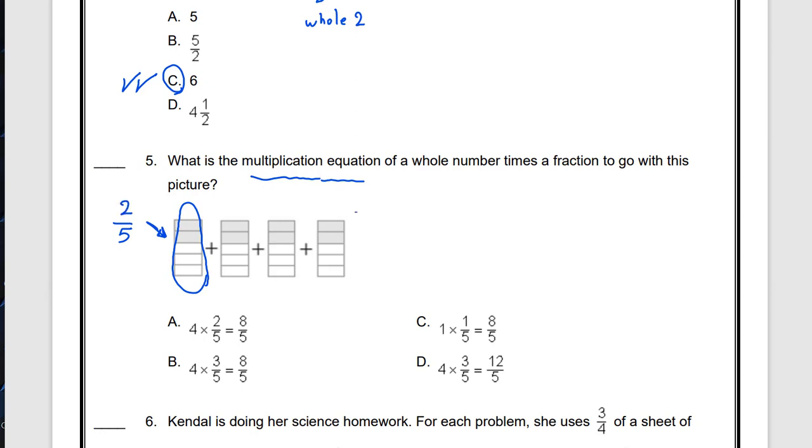We are repeating 2/5. How many times? 4 times. So we need to repeat it 4 times. So which one is the correct choice? Repeat 2/5 4 times. Right?